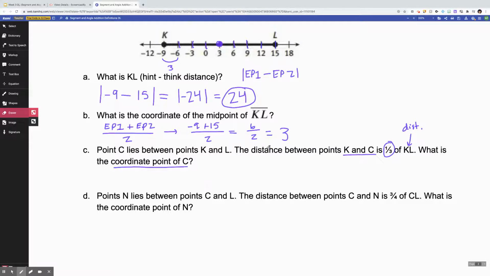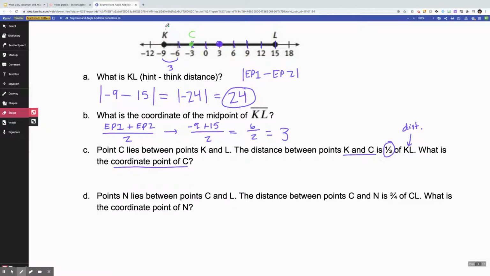So basically what I'm doing here is I'm saying, okay, let me change my color here so we can see this a little better. Basically what I'm saying is if I'm going from K to C, and I'm just going to kind of put it, say it's like, I don't know exactly where it is. Let's say it's like here-ish. This is, again, just an example. I don't know if that's exactly where it is.